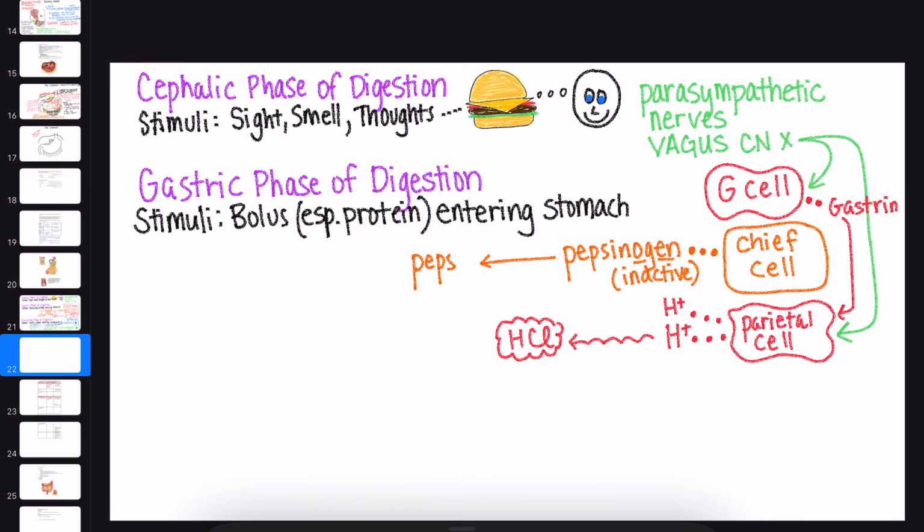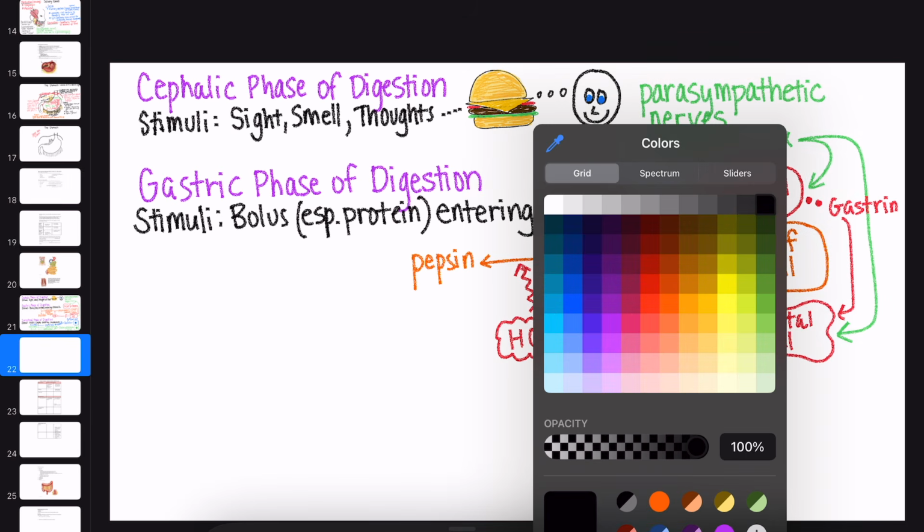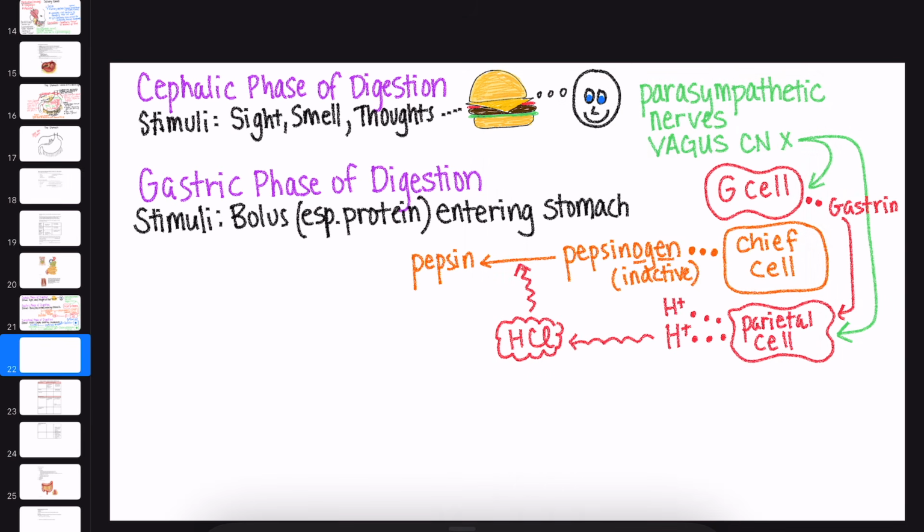See how we took the O-gen off the end? And the conversion of this is hydrochloric acid. It makes it happen. So we can go from an inactive pepsinogen to the active enzyme pepsin. And then what do we need that pepsin for? Well, that word pepsin means protein.